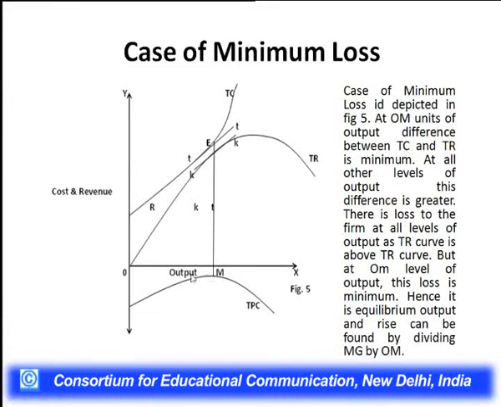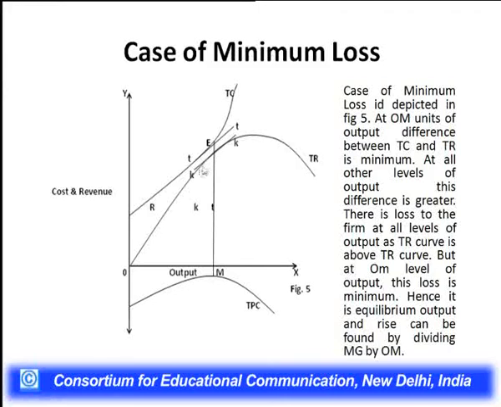Now in figure 5, output is shown on the x-axis and cost and revenue on the y-axis. TR and TC curves are there, and at all levels of output you see that TC is greater than TR. There are losses, but we have to see where the losses are minimum.